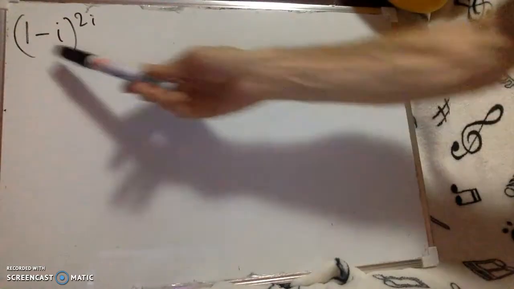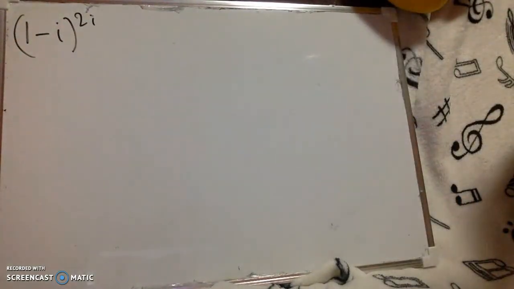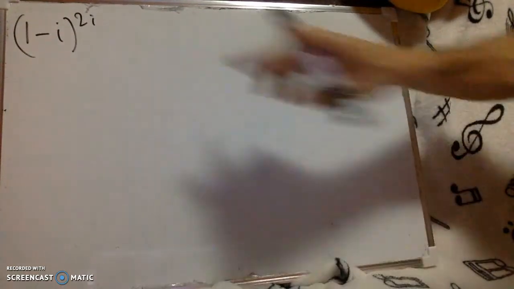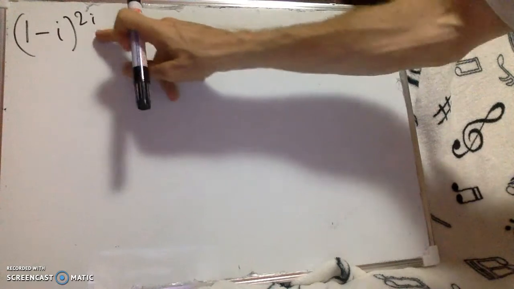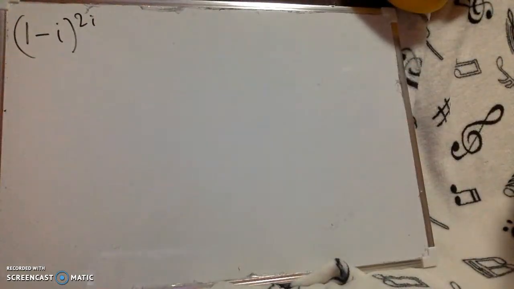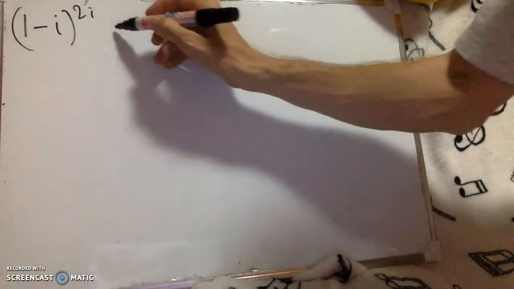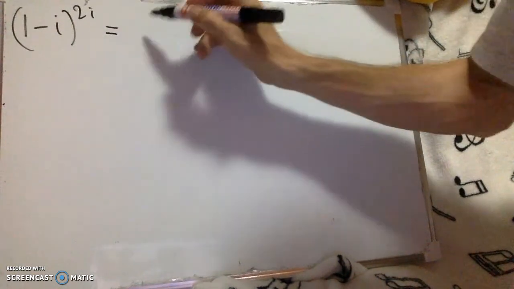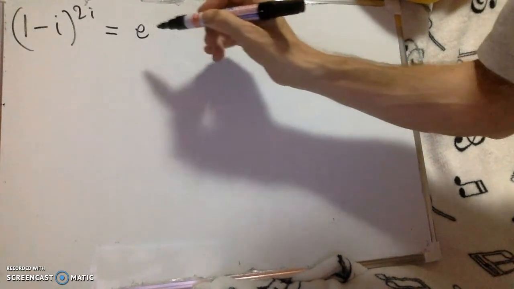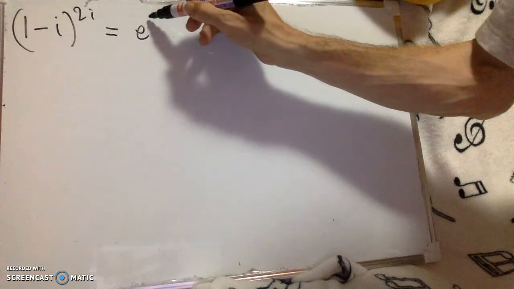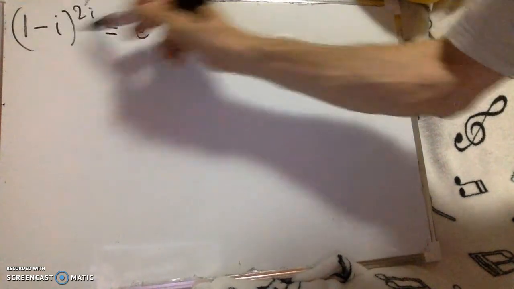Okay, so we've been asked to find this and its principal value. When we have a number raised to a complex power, this is defined as e to the log of this.